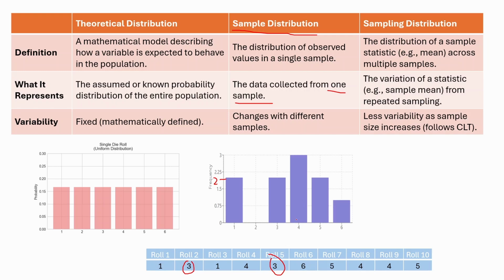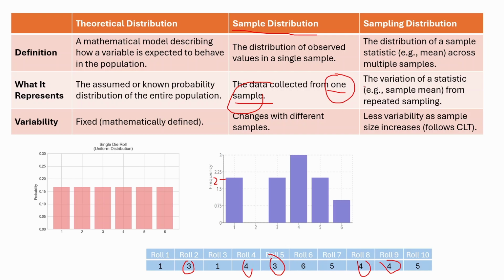The number 4 has a frequency of 3. So this is the histogram plot for the sample distribution, and the key word here is that it only has one sample. Of course, it changes with different samples, as you can see that earlier, different samples had different combinations of numbers.